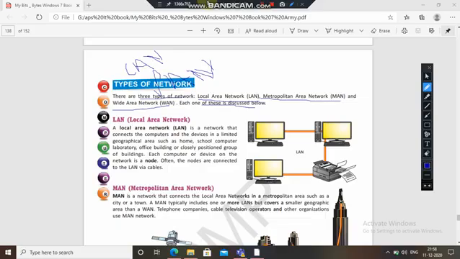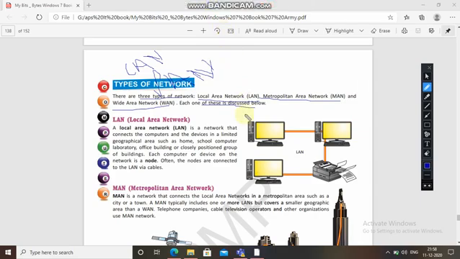So a MAN includes one or more LANs for a city and area. Telephone companies, cable television operators and other organizations use MAN networks.